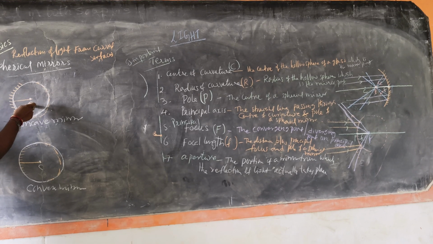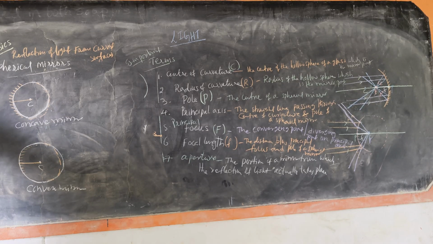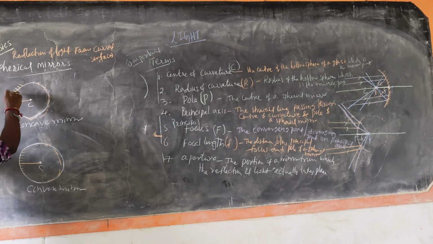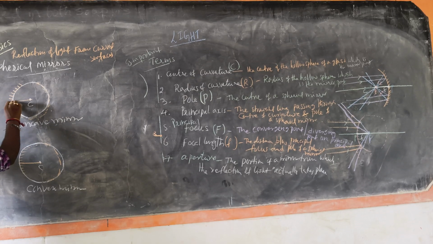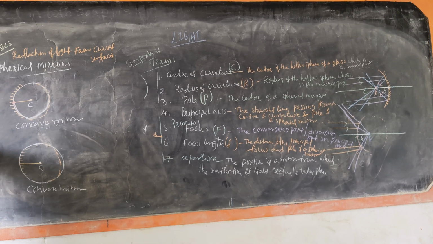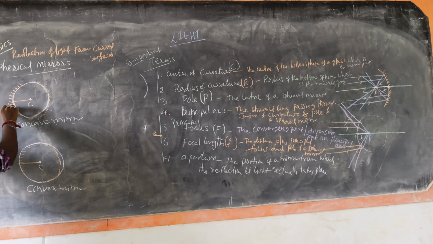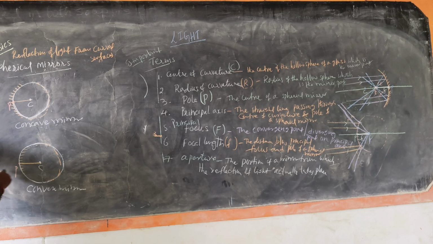For a concave mirror, it is inside; for a convex mirror, it is outside. Then pole, the center of the spherical mirror. Let us consider this is the mirror and this is the center; you can call it the pole.